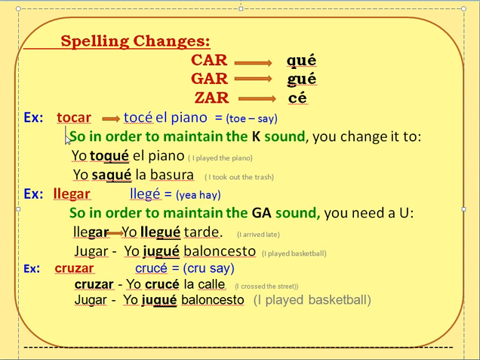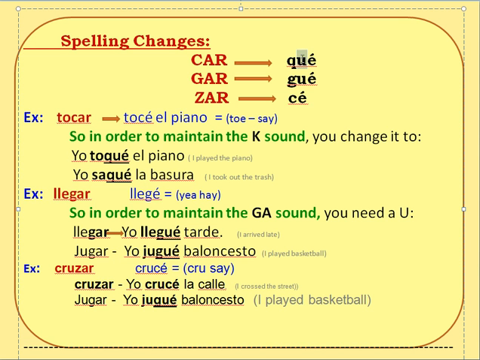So the reason you do that is tocar, for example, if you didn't change it to QU, it would be tose instead of toque. And because it's tocar, we want to keep that hard C sound, so it's going to be toqué el piano, okay? Saqué la basura.